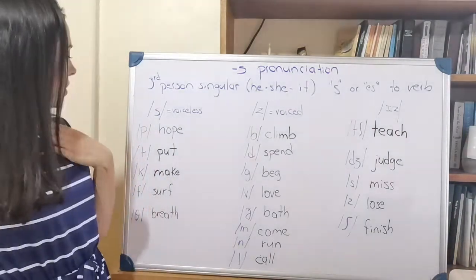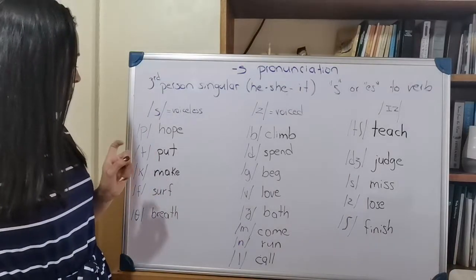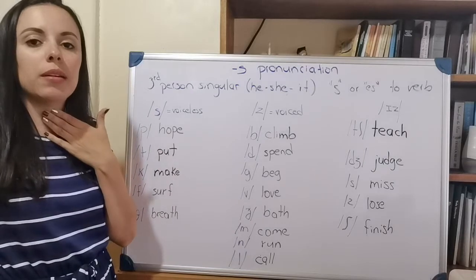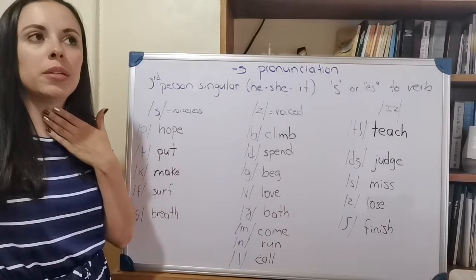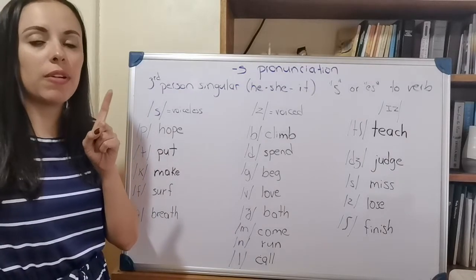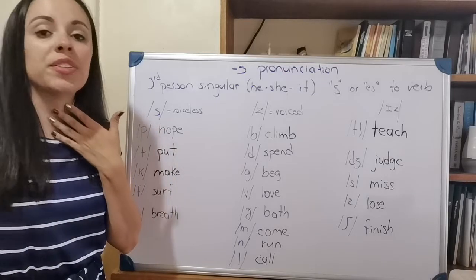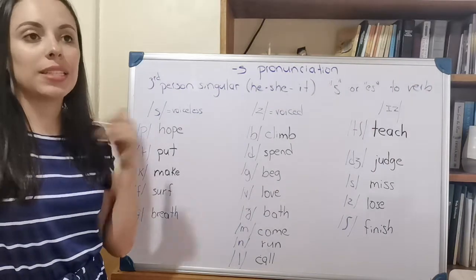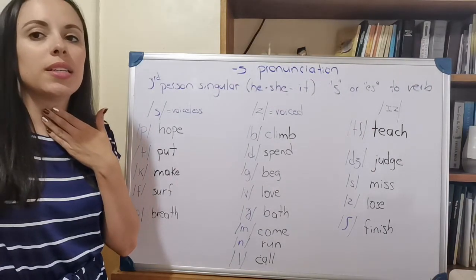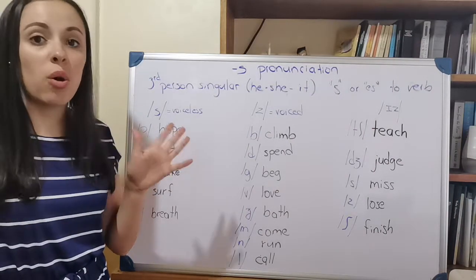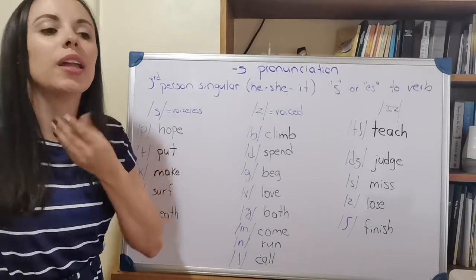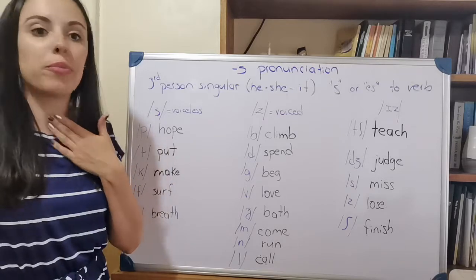For example, if we produce the sound like the P, we say p, p, p, p, without a vowel, just p, and there's no vibration in your vocal cords. If you say t, t, the T, there is no vibration in your vocal cords. You can touch your throat and you will feel no vibration.